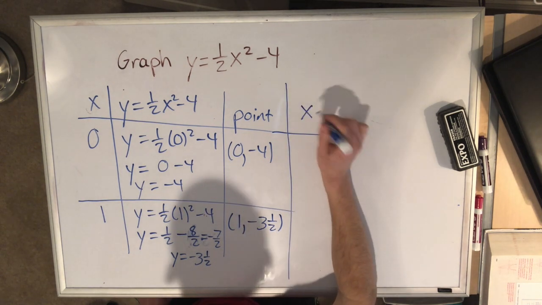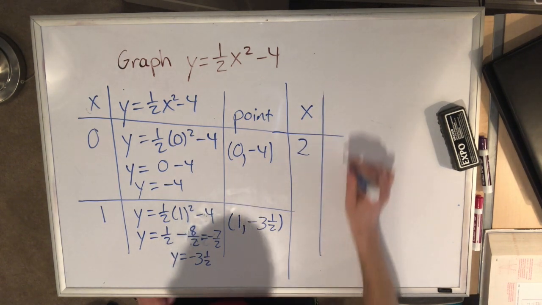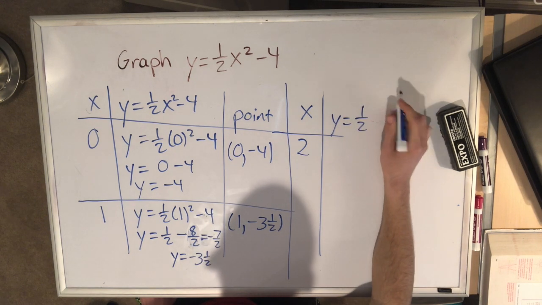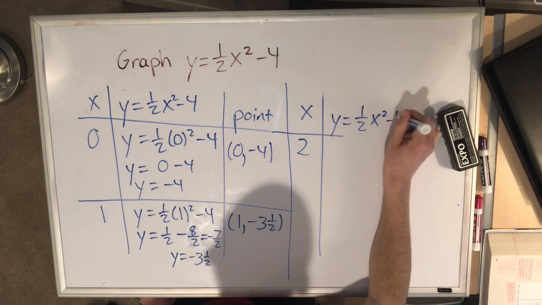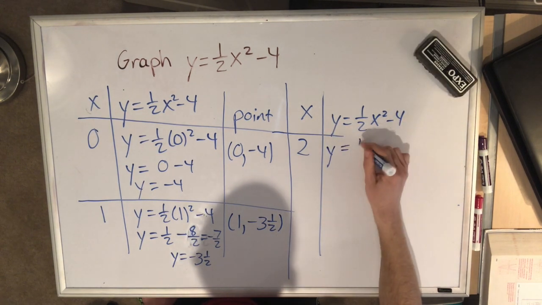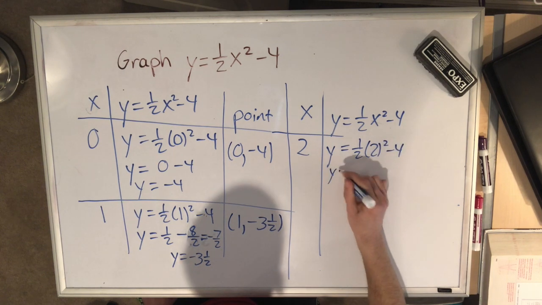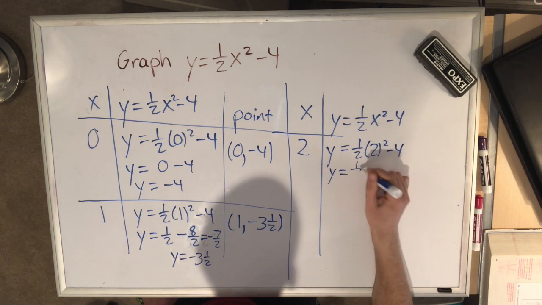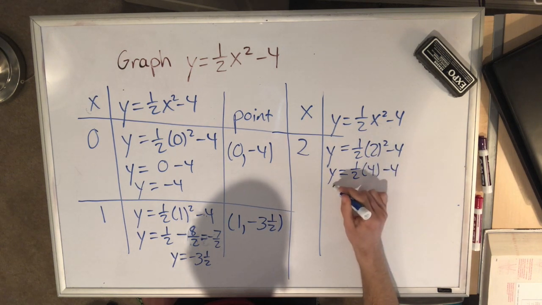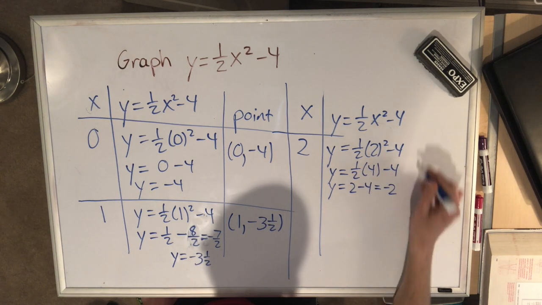Substituting in 2 for x, that'll give us y equals 1/2 times 2 squared minus 4. Two squared is 4, so 1/2 times 4 minus 4. 1/2 of 4 is 2, and 2 minus 4 is negative 2.